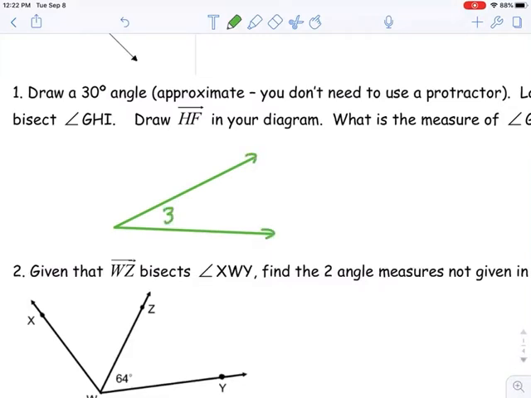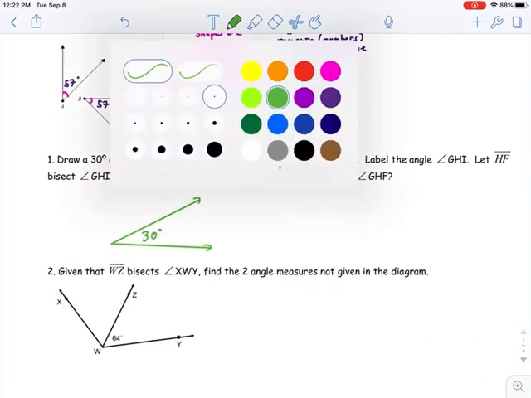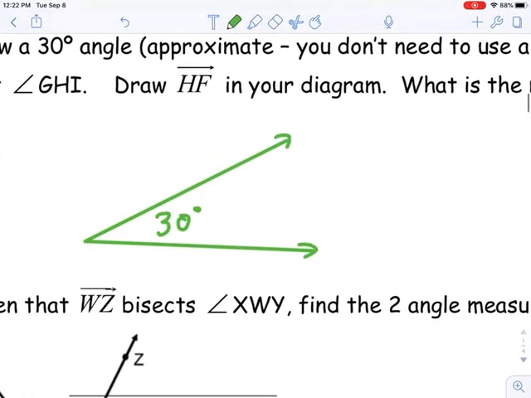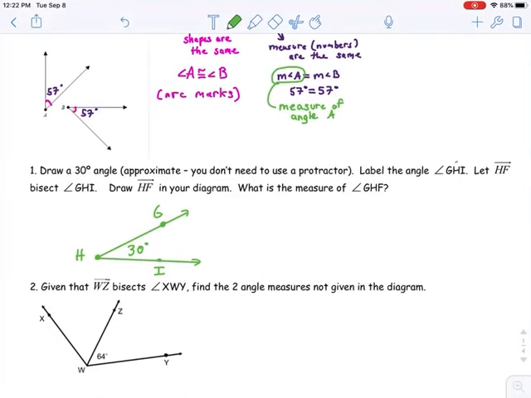You might not be able to tell, but now I wrote 30 degrees, so it has to be 30 degrees. It says label it GHI. So I'm going to say that's G, that's H, and that's I. Remember, since H is in the middle, H has to be the vertex.